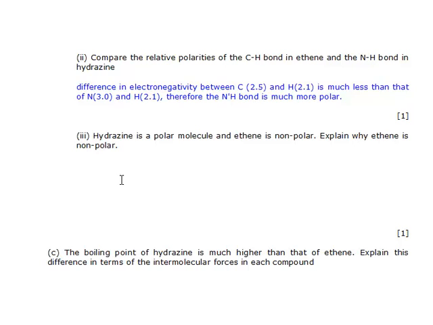Explain why ethene is non-polar. Ethene is non-polar not just because the bonds have little polarity, but any polarity is cancelled out by the symmetry of the molecule. The overall polarity is the vector sum of the individual dipoles.